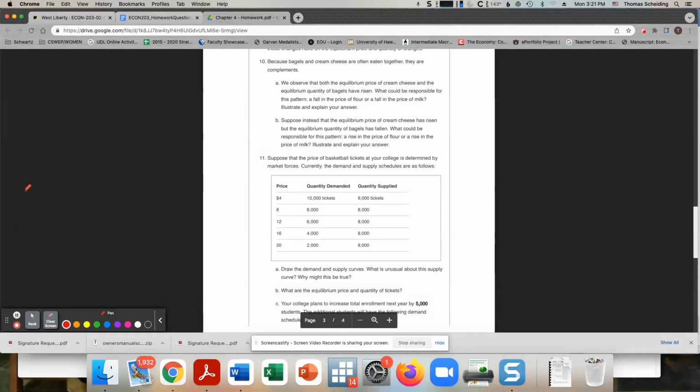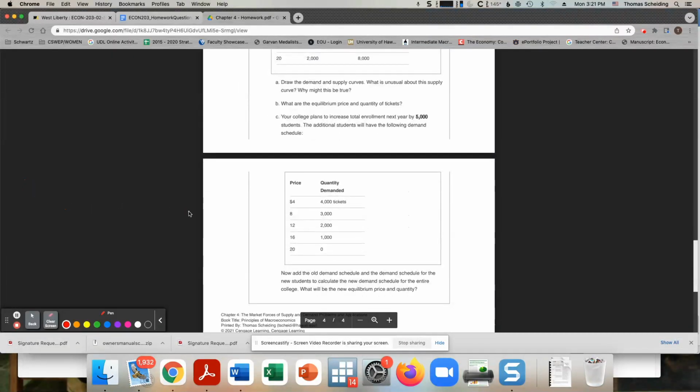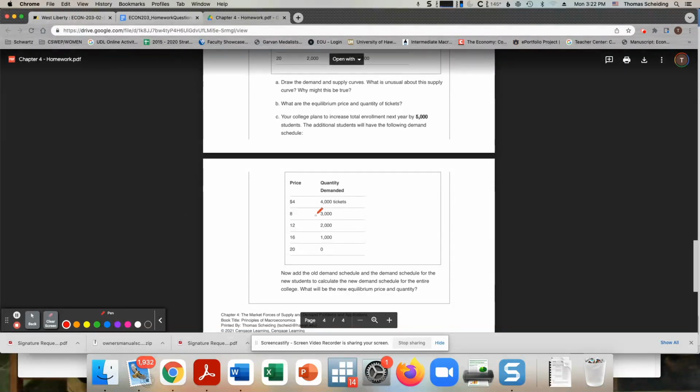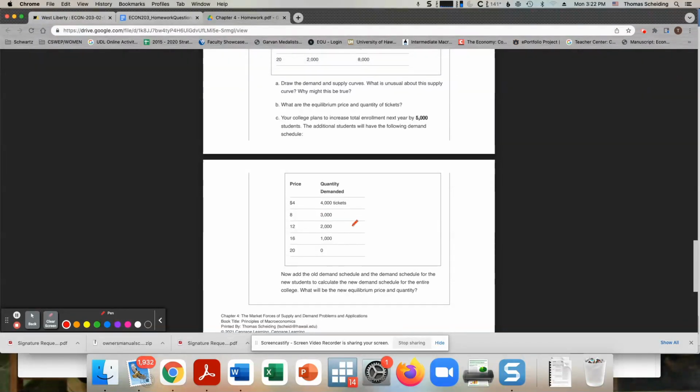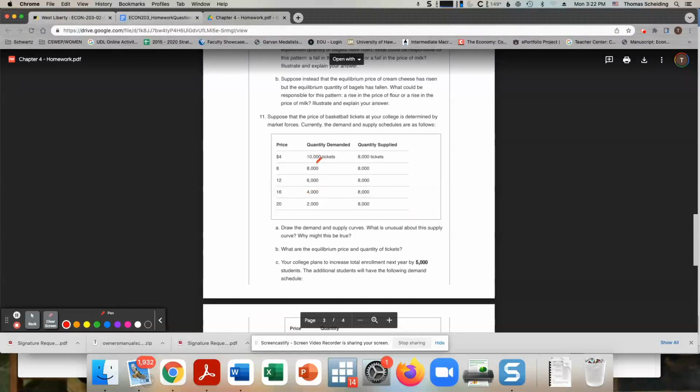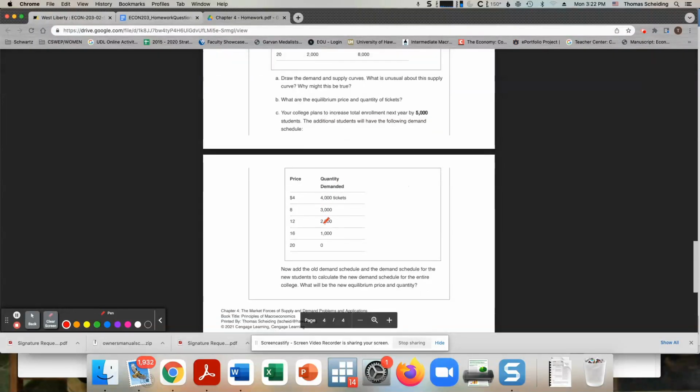And then in C, your college plans to increase total enrollment by 5,000 students. What that does is it alters my demand curve, so I now need to replace these numbers with these numbers.